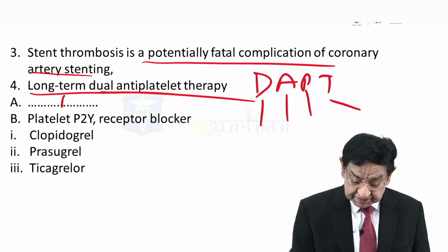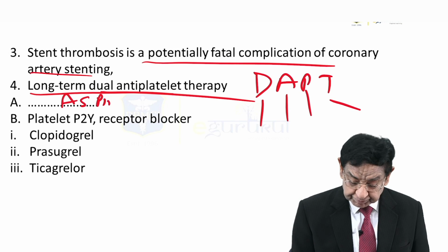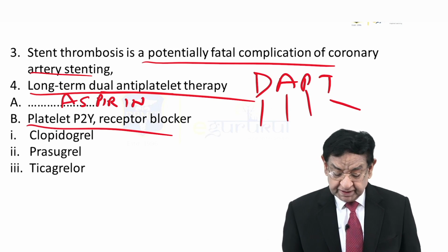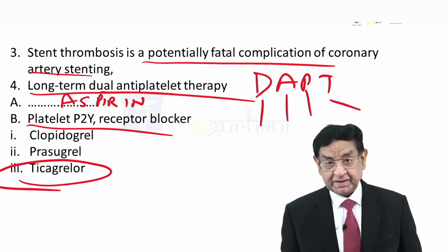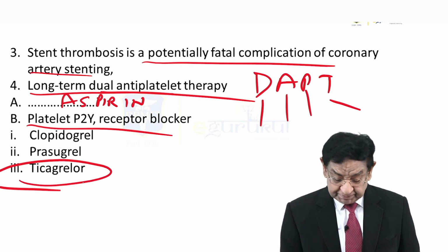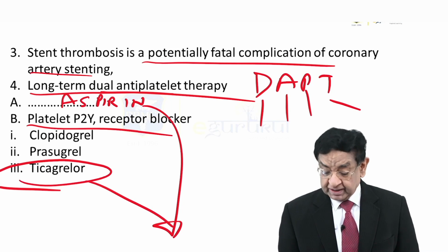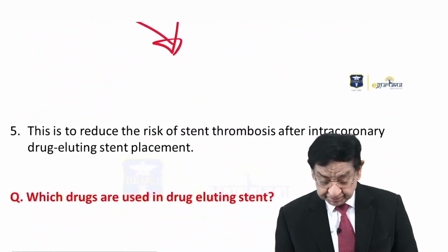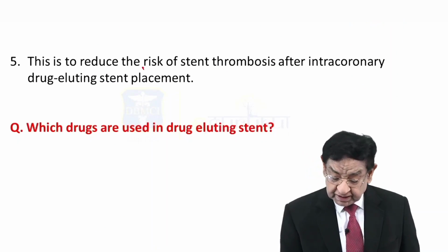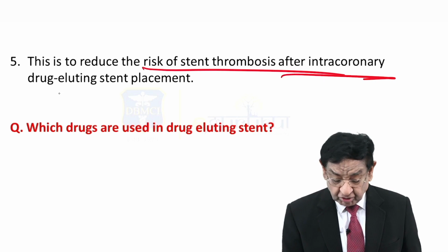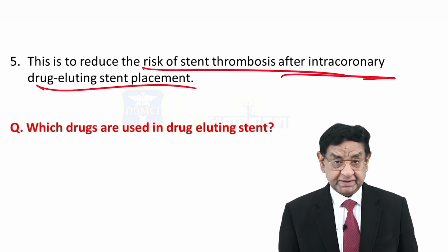One of the drugs is aspirin, and the other is a platelet P2Y12 receptor blocker: clopidogrel, prasugrel, or ticagrelor. In actual practice, these two combinations are most widely used as dual antiplatelet therapy, to reduce the risk of stent thrombosis after intracoronary drug-eluting stent placement.